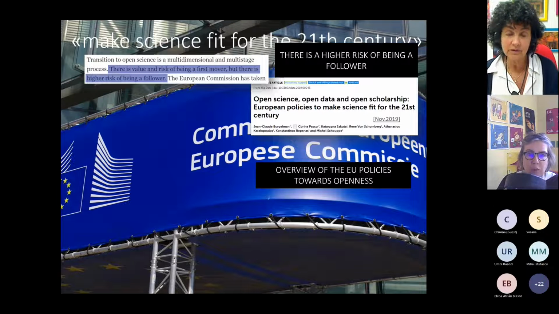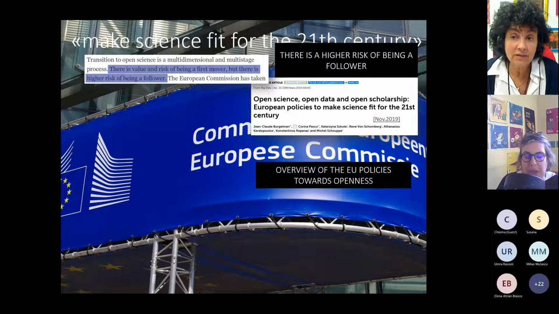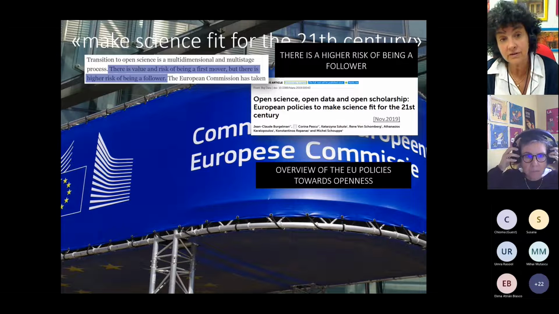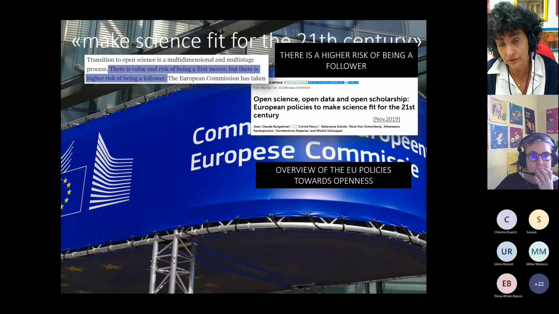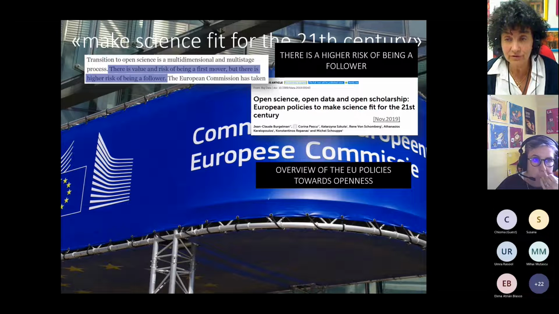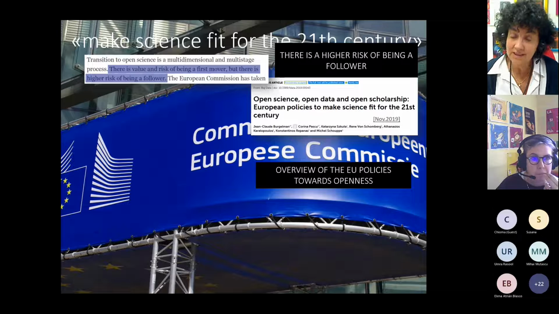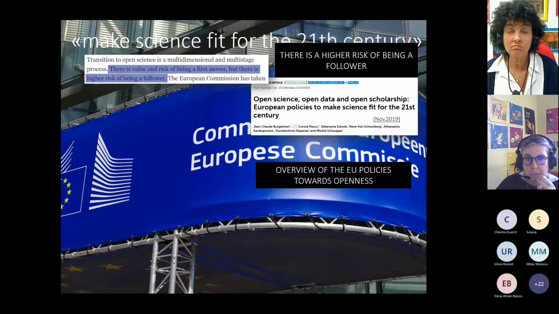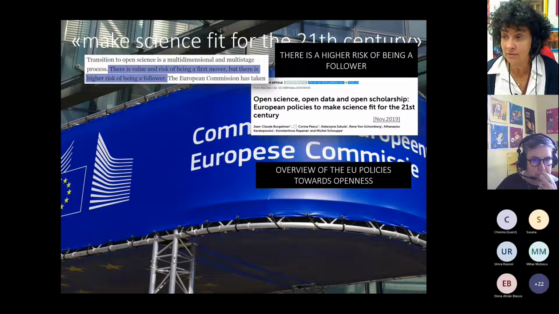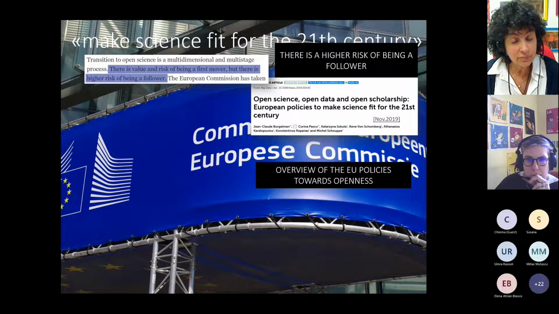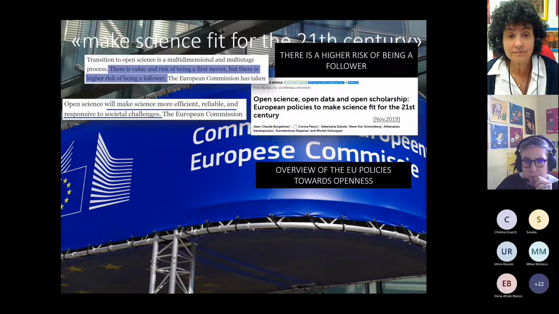And this is an important message in this paper. There is a value and risk of being a first mover. There is a higher risk of being a follower. Because, of course, the first movers will also get all the benefits of going open, which, first of all, is having more citations, having more visibility, creating more opportunities for collaboration.